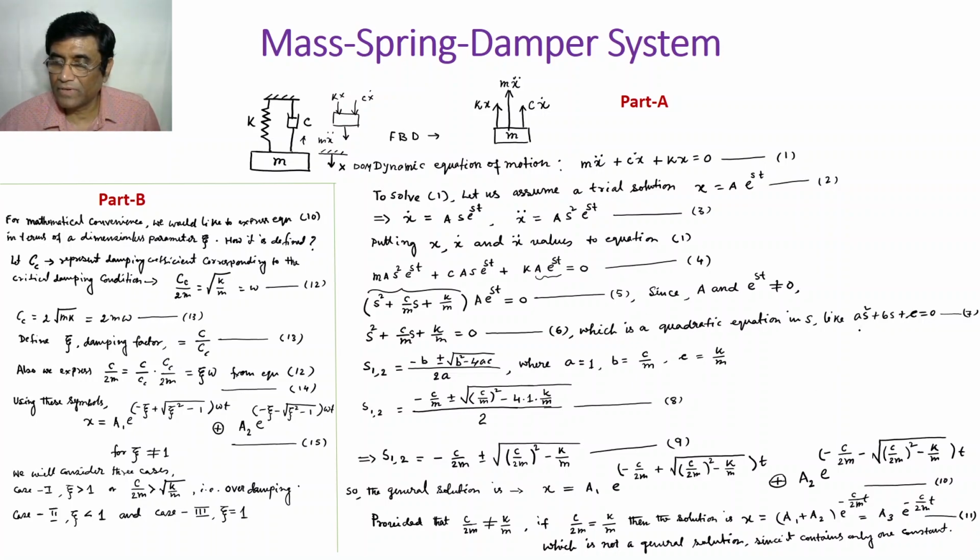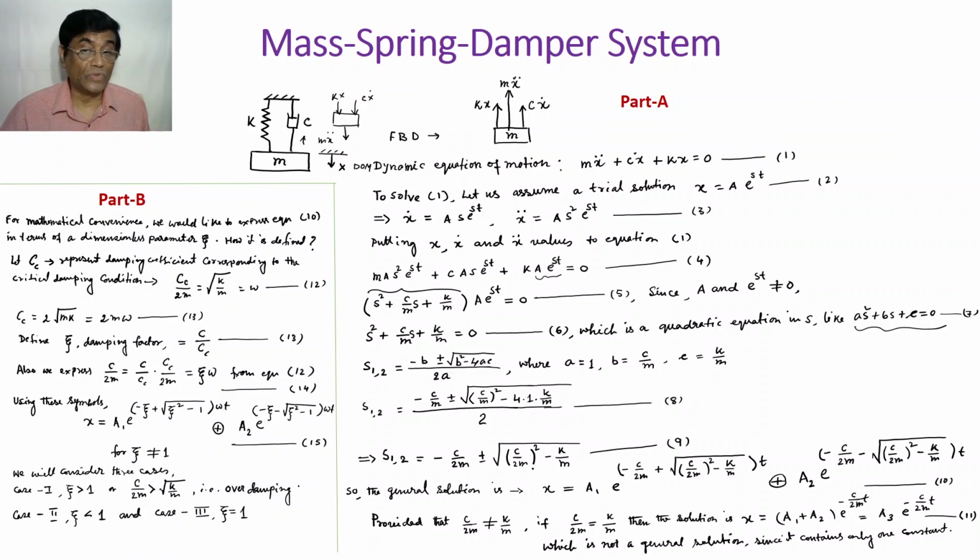For this quadratic equation you have two solutions: (−b ± √(b² − 4ac)) / 2a. Putting these values, I am getting the solution for this characteristic equation. Two roots will be there: (−c/m ± √((c/m)² − 4k/m)) / 2. With a little bit of simplification, −c/2m ± √((c/2m)² − k/m).